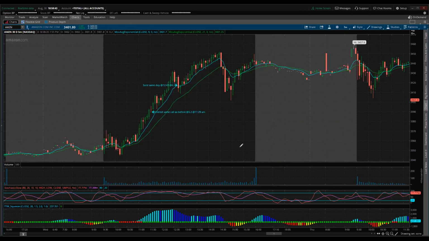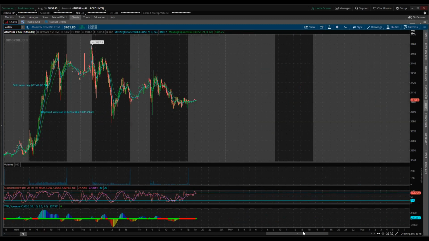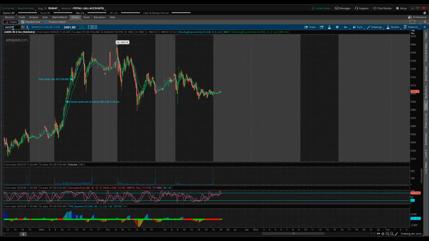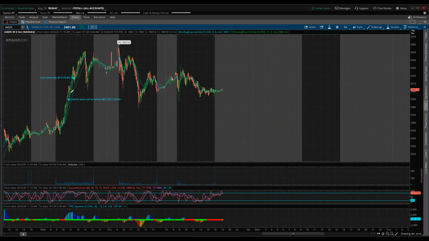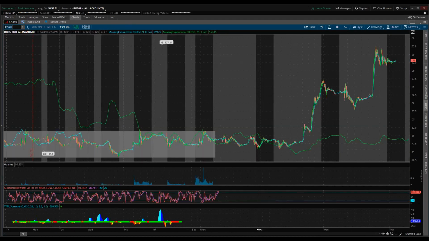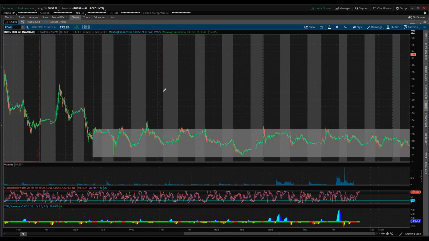So from like 9:50 to 10, and after that you would want to look to get into trades. For instance, show them what Roku does every morning at market open. It's just straight pump.